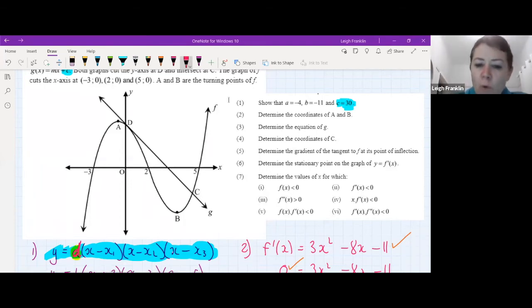So in number 4, it asks us to determine the coordinates of C. Now remember, C is down here. I'm just going to highlight it for you. What does C represent? What do we call that thing that C is?